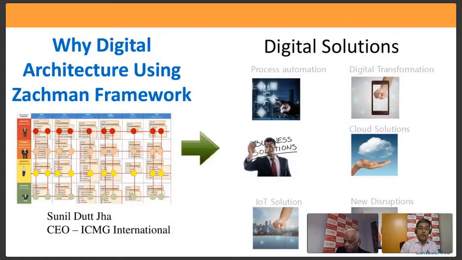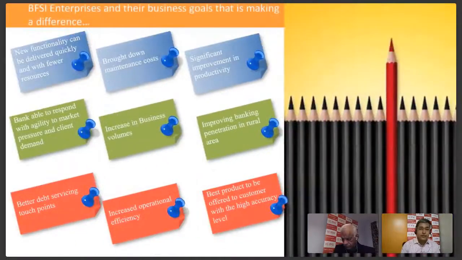And the second very important thing, which unfortunately we are not managing with great success, is our ability to manage complexity. So I'm going to talk about these two aspects, how Zachman's framework can be a great tool and basis, and we're going to look into some of these with a few examples coming up.